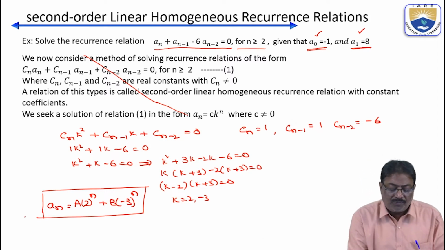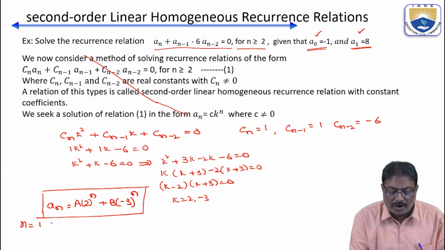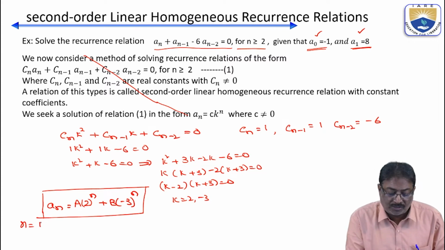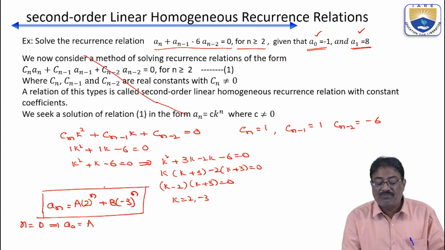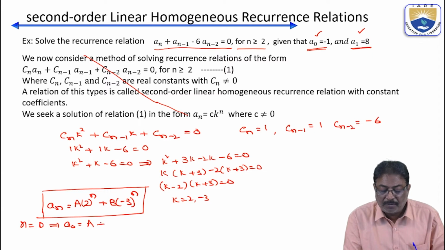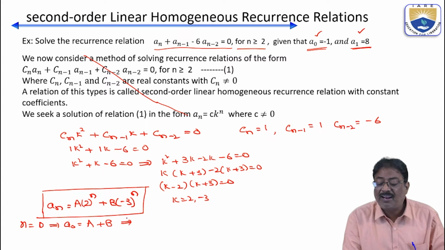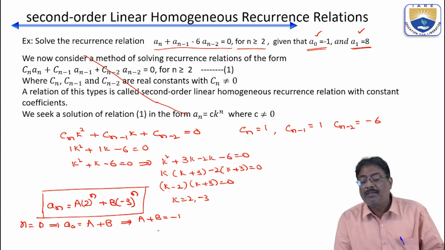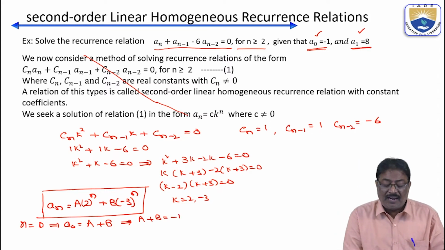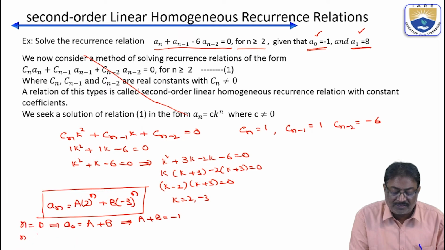If I take n equals 0, then a0 equals A times 2 to the power 0, which is 1, plus B times (minus 3) to the power 0, which is 1. Since a0 equals minus 1, A plus B equals minus 1. Next, another condition is given with n equals 1. We just consider two conditions.